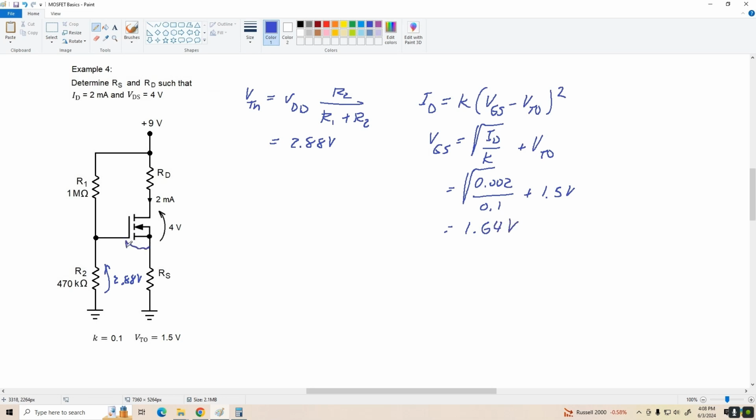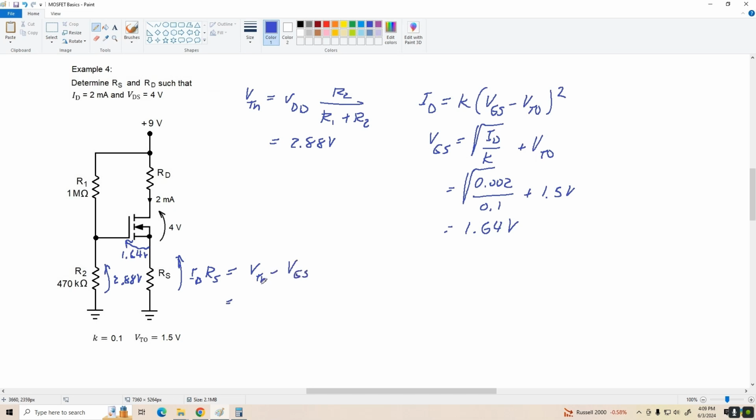Okay, so let me write that in here. 1.64 volts. That's a little messy. And now we can determine the source resistor because we can do KVL around here that says this drop, ID times RS, is equal to VTH minus VGS.